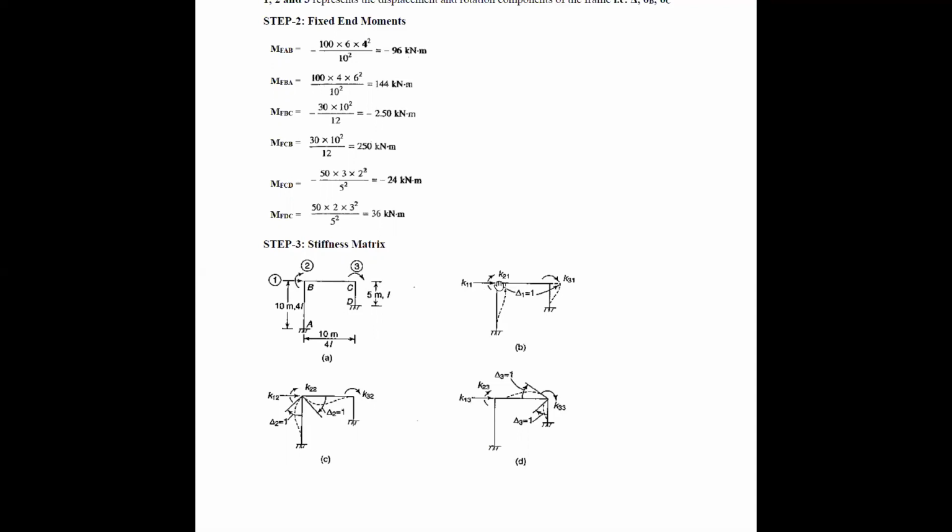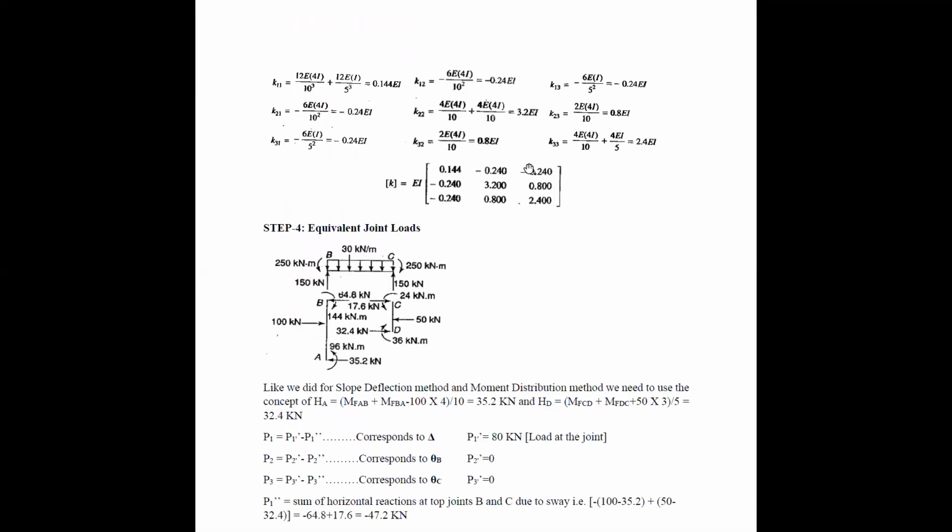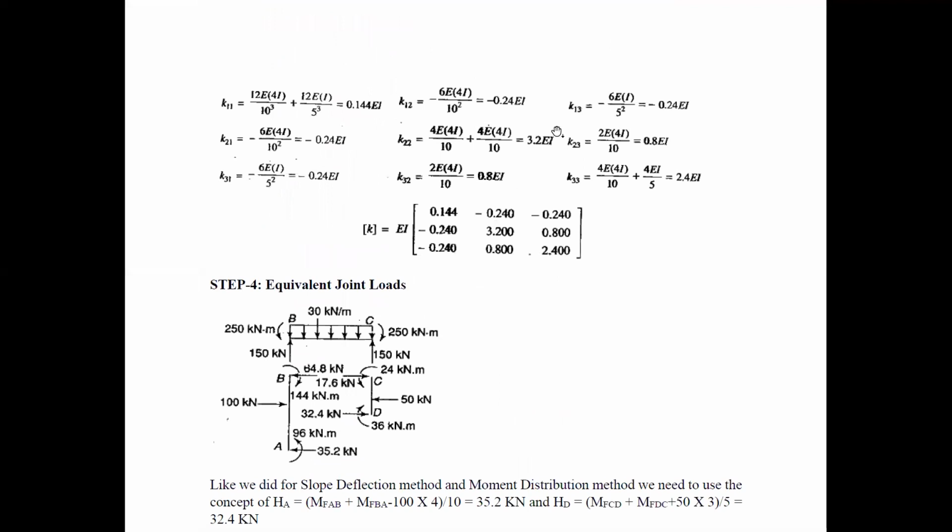And we have a translation here and then the rotation here, which means unit deformation is applied axially, and we need to calculate the force in the rotation direction, that is B. There we have minus 6EI delta by L square. That's what we are trying to see here now. Correspondingly, K13 is also minus 6EI delta by L square, and L corresponds to the column AB and column CD here. Delta will be equal to 1 because this is a unit deformation. And then K12 is equal to K21 and K13 is equal to K31.